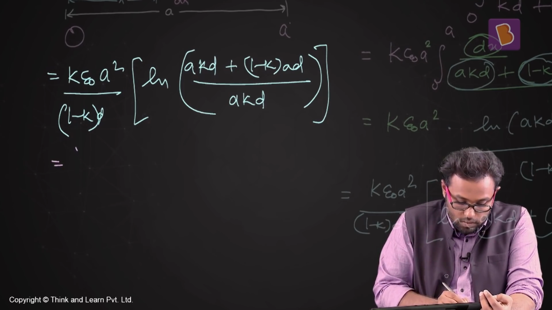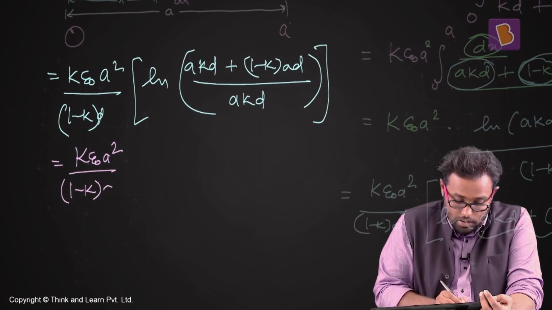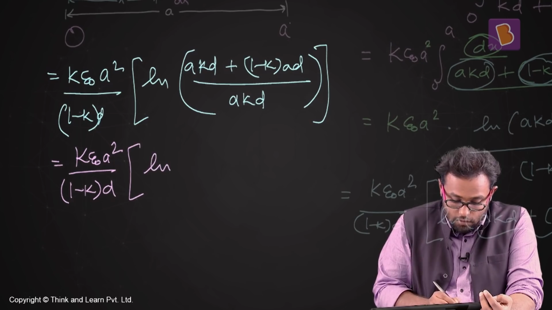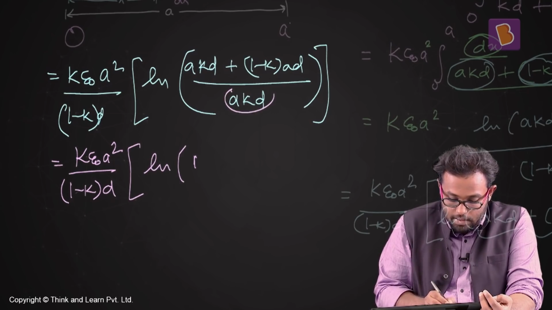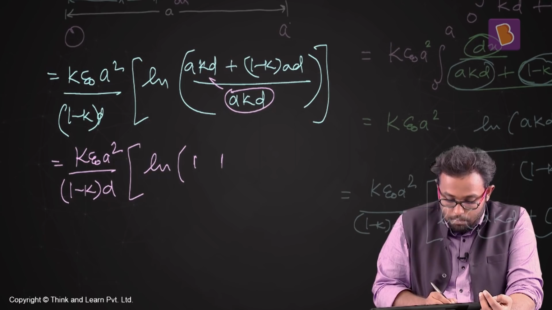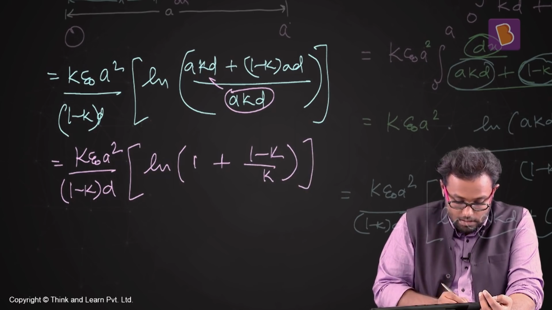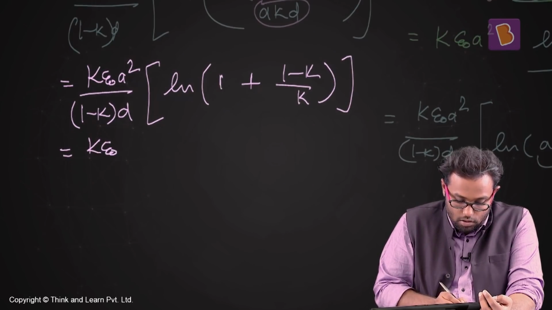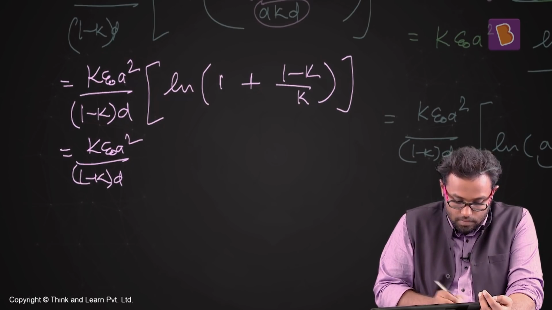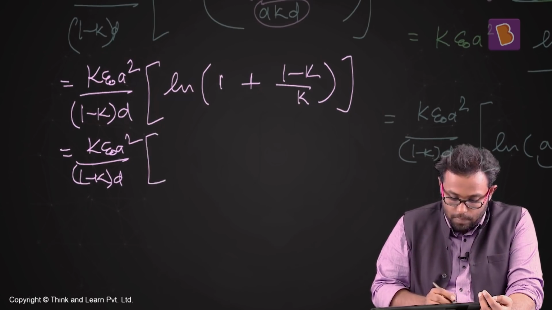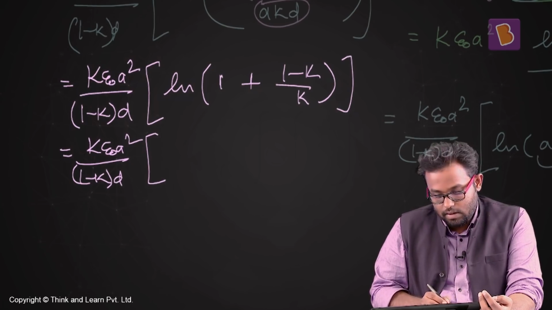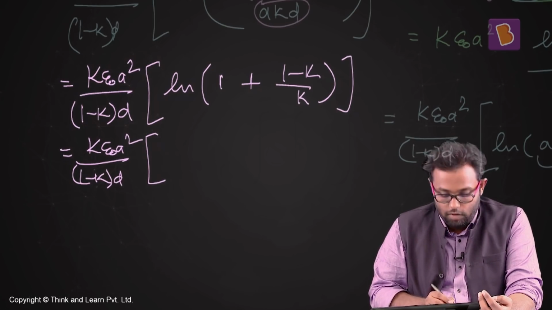So this becomes equal to k epsilon naught a square upon 1 minus k times d, and this becomes ln of, when I divide this with this, I get 1 plus, and a and d get cancelled, 1 minus k by k. Okay, I like that. I'm only left with k inside ln. This is equal to k epsilon naught a square upon 1 minus k times d, times ln of 1 plus (1 minus k) by k, which will become 1 upon k.